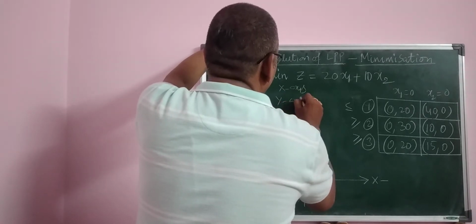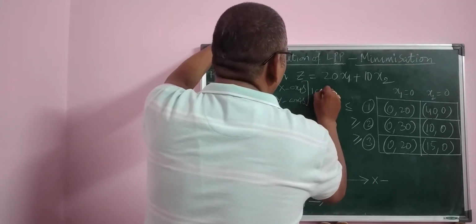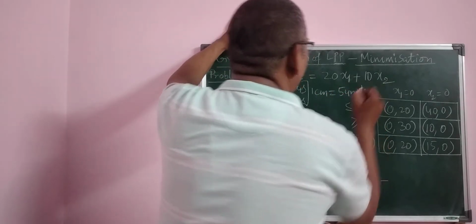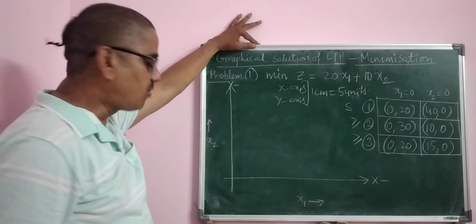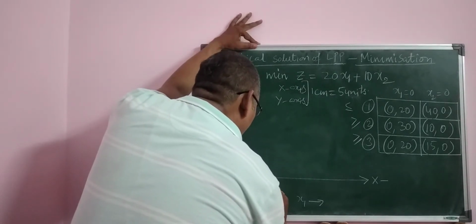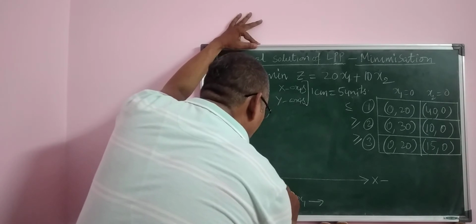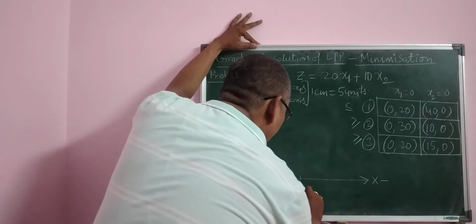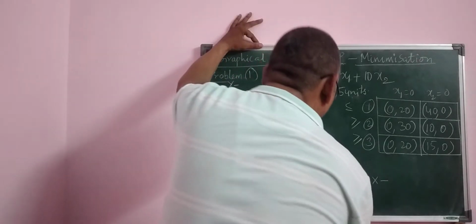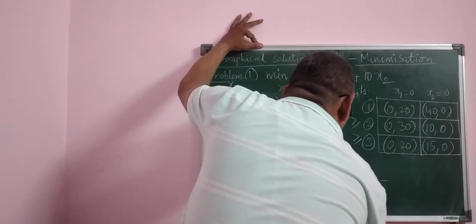On both the axes, the scale I am considering is 1 centimeter equal to 5 units. So I start here: 5, 10, 15, 20, 25, 30. On the x-axis, the maximum value is 40: 35, 40.